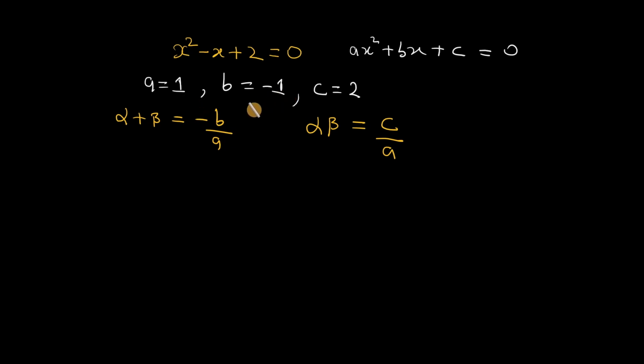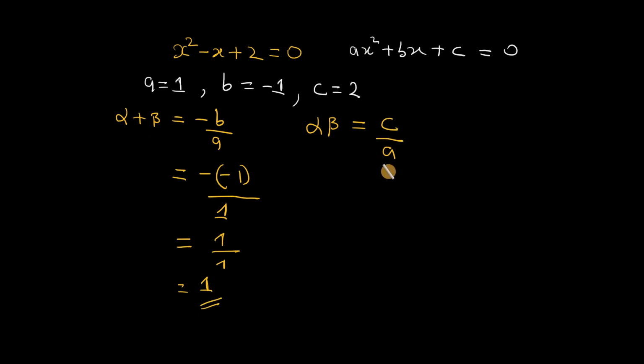I'll put negative 1 in the place of b and 1 in the place of a. This would give me negative times minus 1 all over 1. Minus times minus is plus, which is equal to 1 over 1. 1 over 1 is 1. It means alpha plus beta is equal to 1.